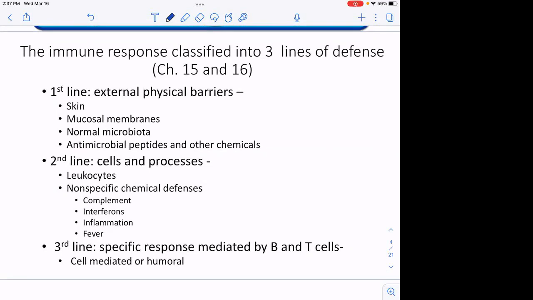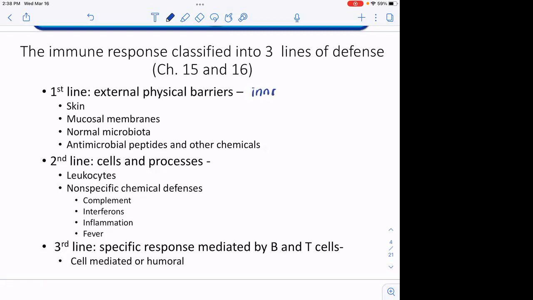Okay, so we'll start out with our external physical barriers. So we'll look a little bit more closely at our skin and what's going on at our mucous membranes. We've talked about our normal microbiota a little bit. I want to talk about that in the sense of how that can help us keep us pathogen free. And there's just some other non-specific things.